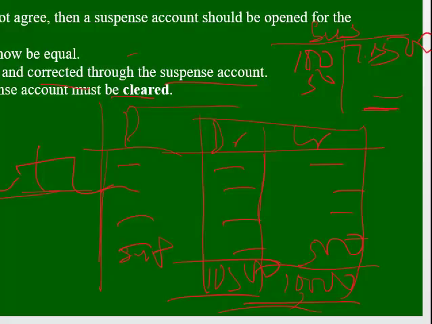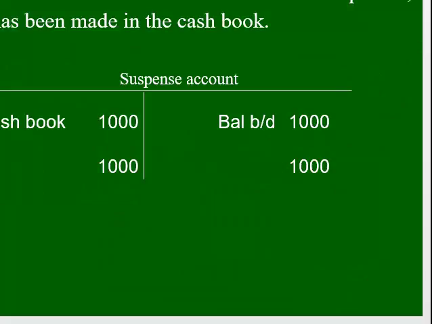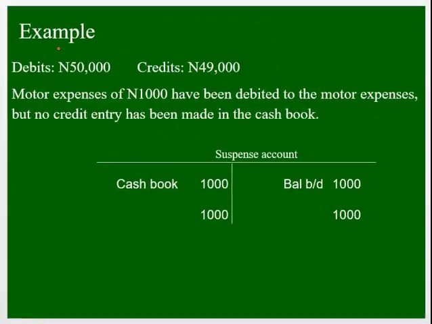Let's take this example. Now we have a trial balance here, and the debit side of the trial balance has an amount of 50,000, where the credit side has an amount of 49,000, meaning we have a 1,000 difference. What you do immediately is to open a suspense account, and we put this amount. Are we okay?